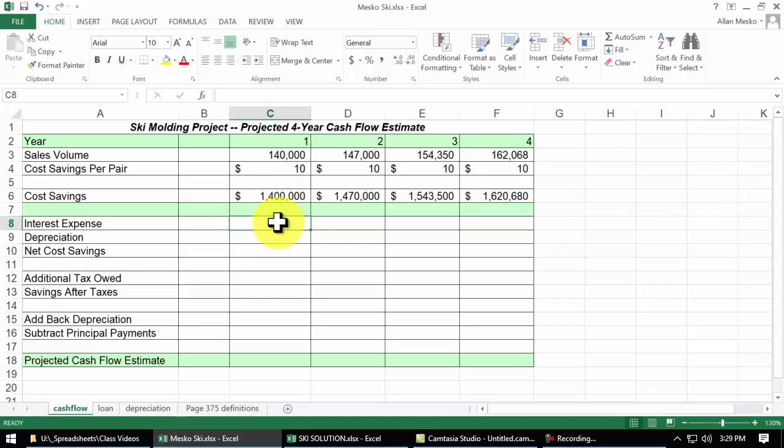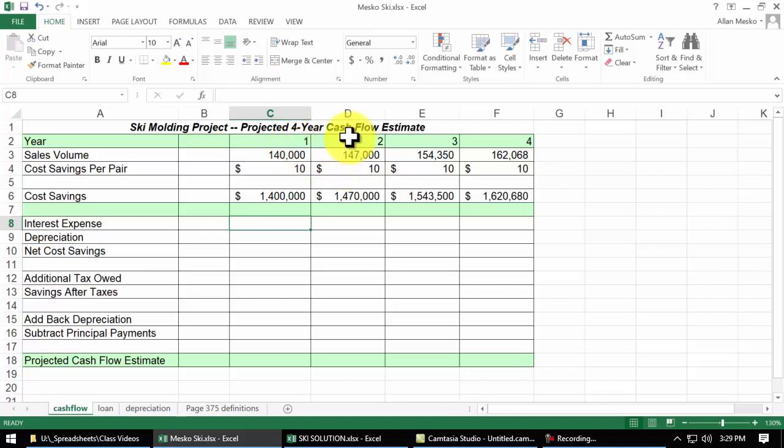Assume the loan will start at the beginning of year 1 and all payments will be made at the end of each period. So we want to be able to copy this formula over and find these values for years 2 through 4. Here's the key. In year 1, we're going to start at period 1 and end with period 12.